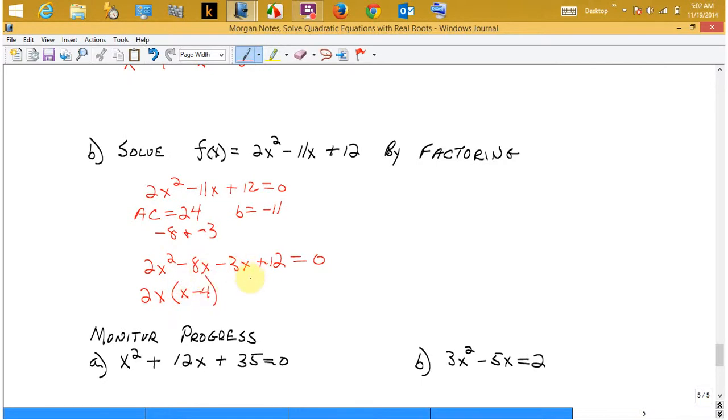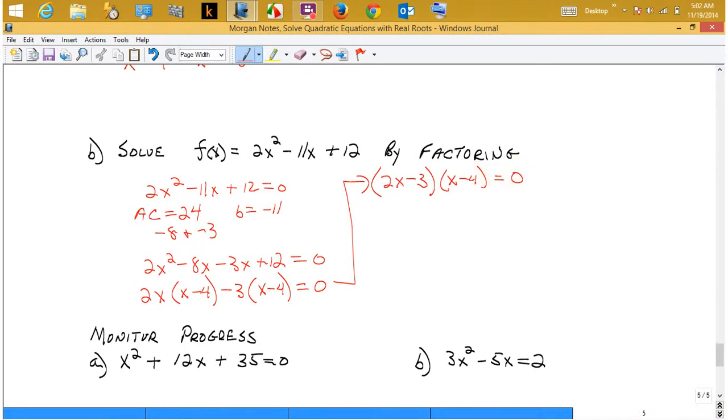And for the next term, remember we're going to have an x minus 4 as a factor over here, so I would factor out a 3. And I would have x minus 4. Okay, so I'll have 2x minus 3 times x minus 4 equal to 0.